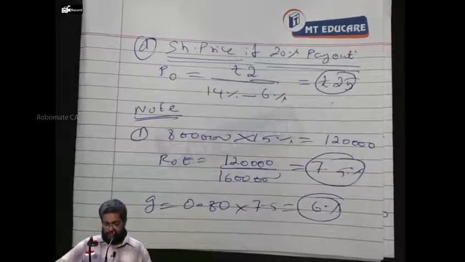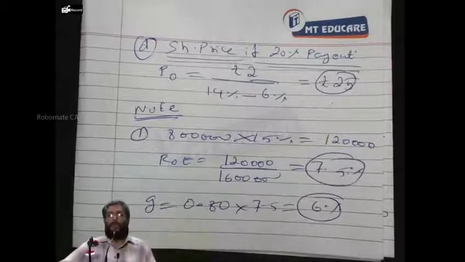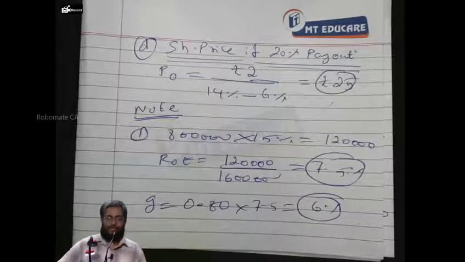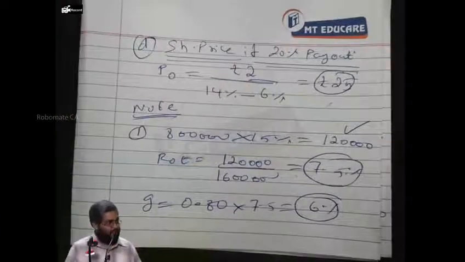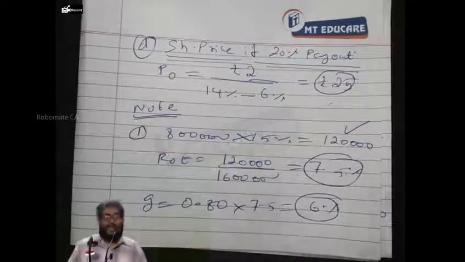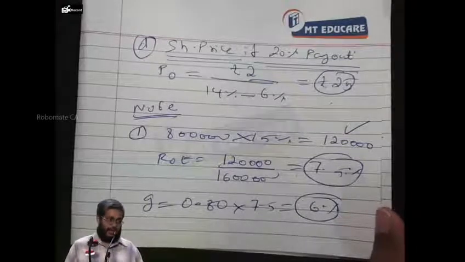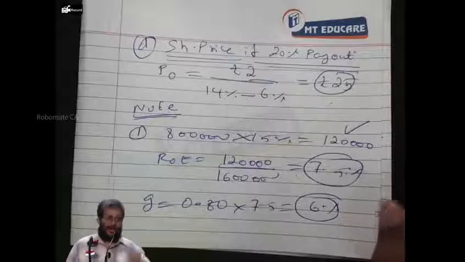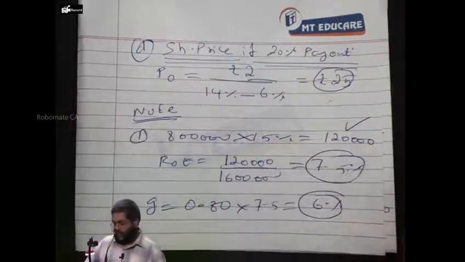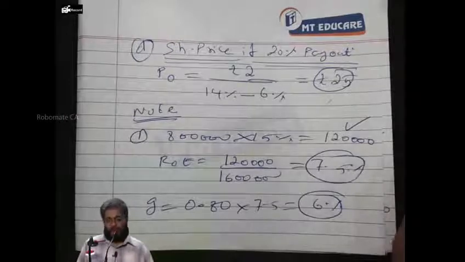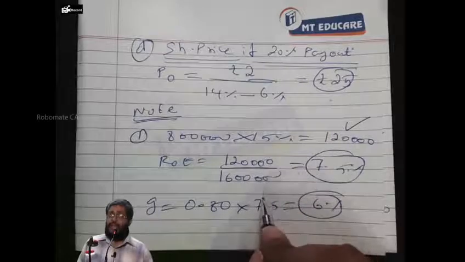Point number 2: return is equal to 8 lakhs into 15%, which is 1 lakh 20,000. And return on equity is equal to 1 lakh 20,000 divided by 16 lakhs.